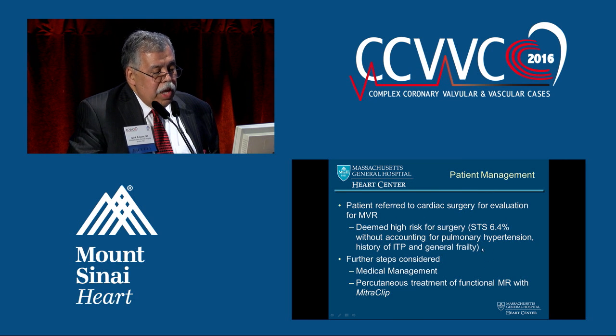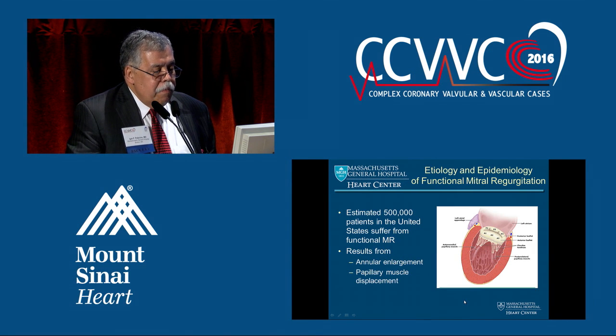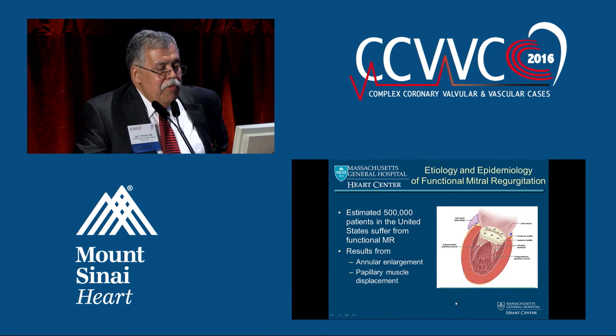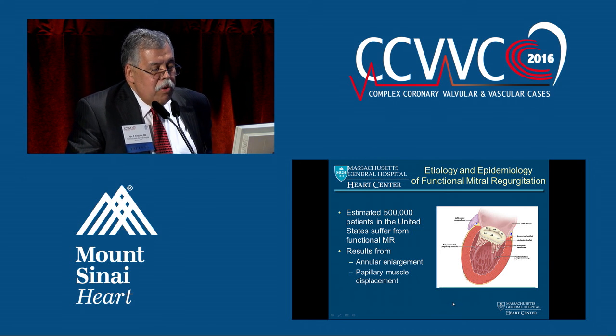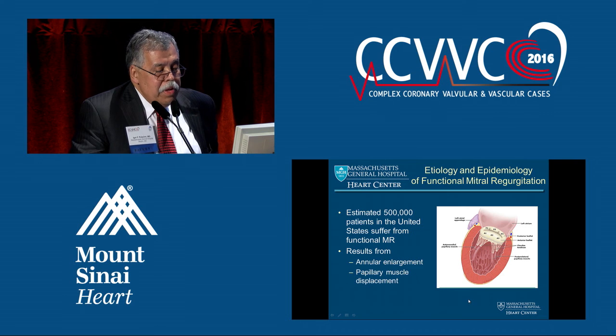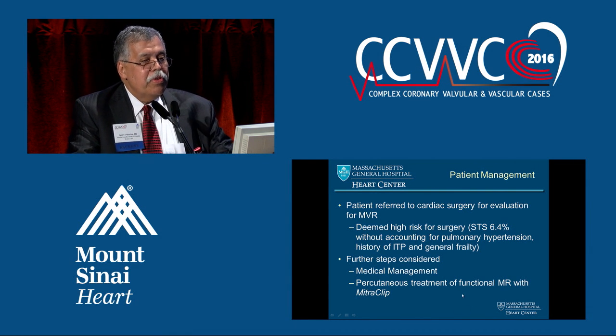The patient was eventually referred to be one of the enrolling cases on the COAPT trial. More than 500,000 patients in the United States suffer from functional MR, but only a very small number of them are being treated, given the high morbidity and mortality of this operation on those patients.